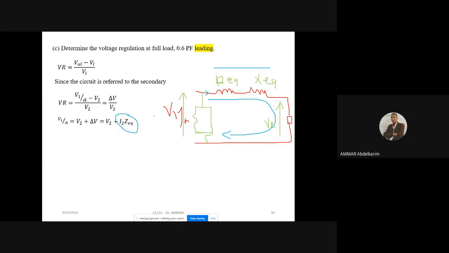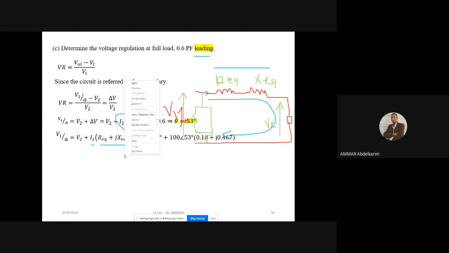Since we have a power factor of 0.6, the angle is 53, and we take it positive because it's a leading power factor. Now the voltage drop equals I2 multiplied by R equivalent plus jX equivalent.